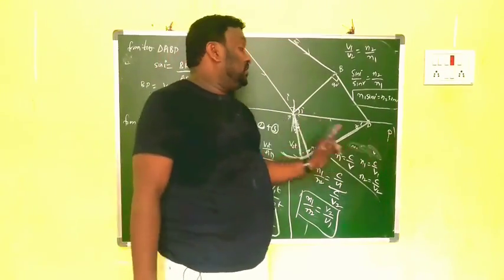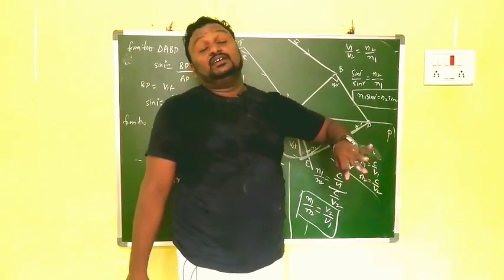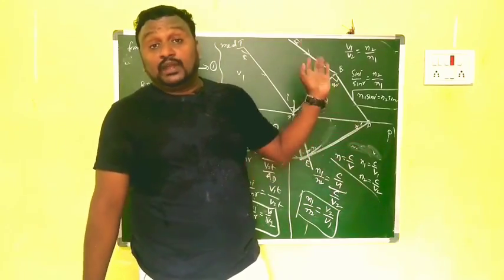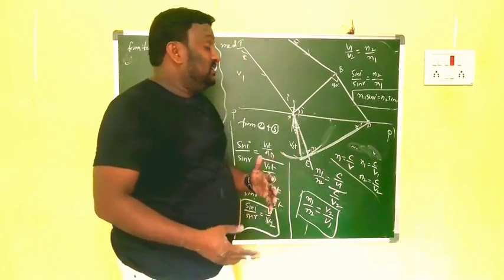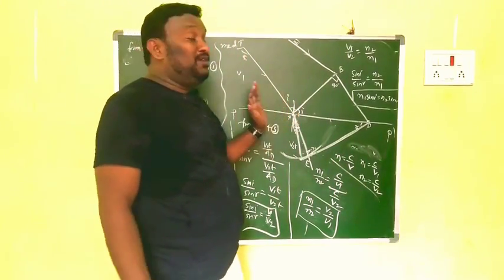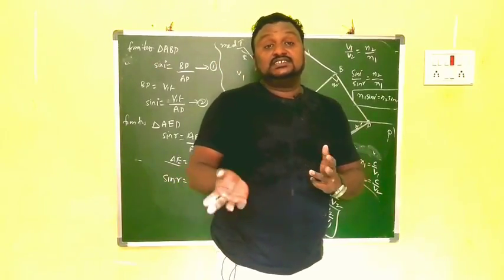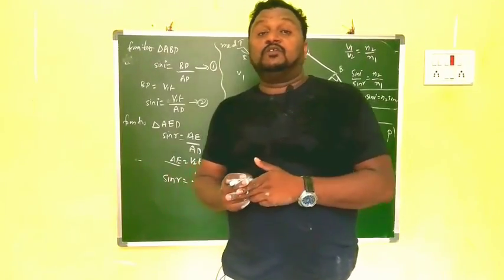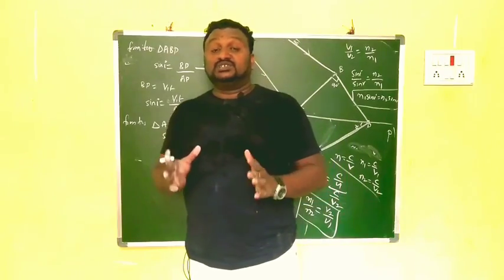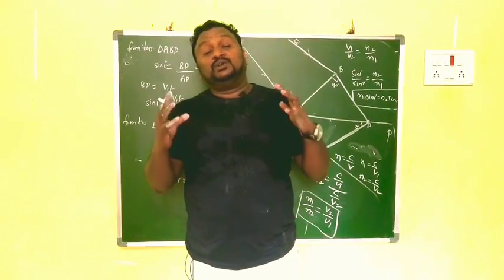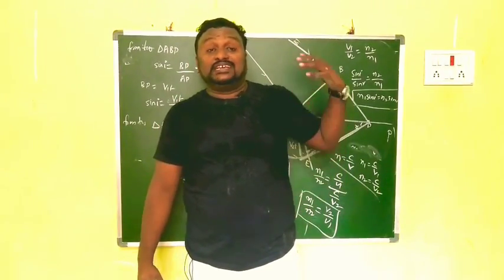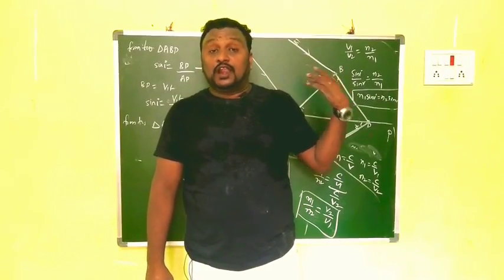I already told you in the starting, P and P dash is the interface of both medium 1 and medium 2. So in the plane of P and P dash, the incident ray, normal and refracted ray are all in the same plane. So that's what you proved. In this way, by using Huygens' wavefront theory, we can explain the refraction of light.